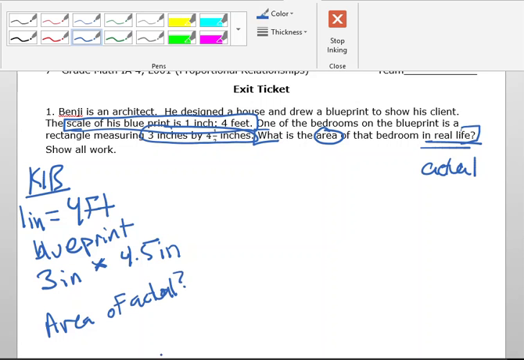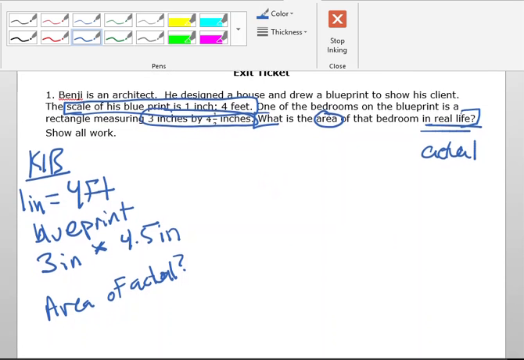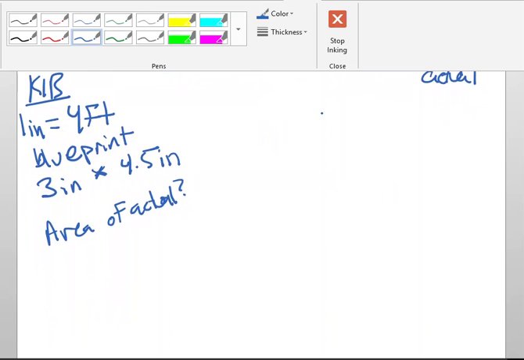All right, so first, just like I did with the last problem, I'm going to find, and let me move down here just a little bit so I have room to work. Okay, first I'm going to find my width.